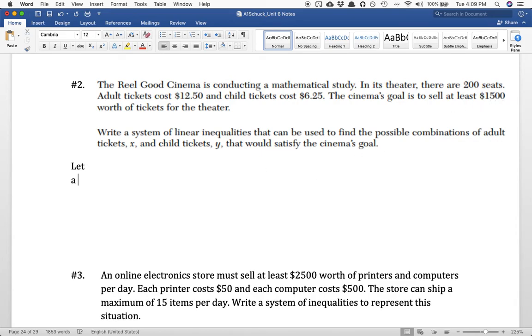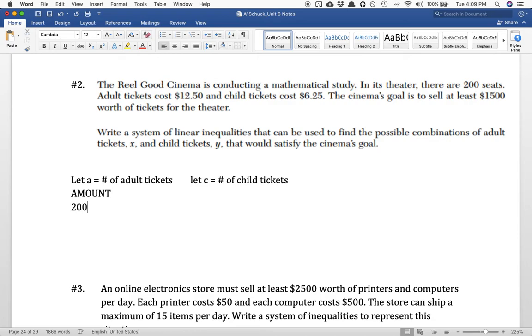Let A equal the number of adult tickets, and let C equal the number of child tickets. I wanted it to be C for children. And now I can say, all right, well, my amount is 200 seats, and that's equal to always just A plus C, right?